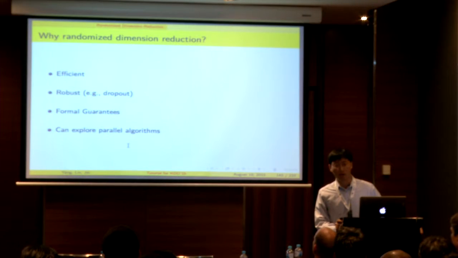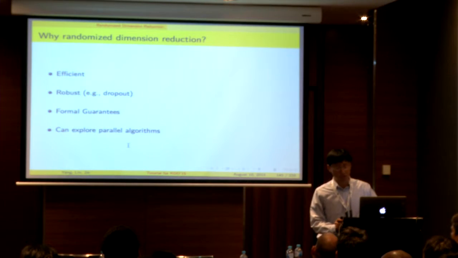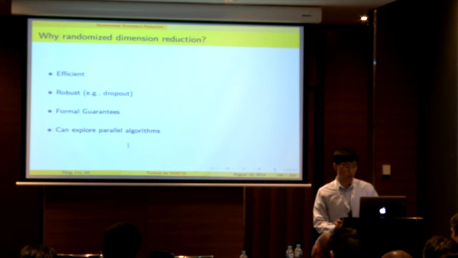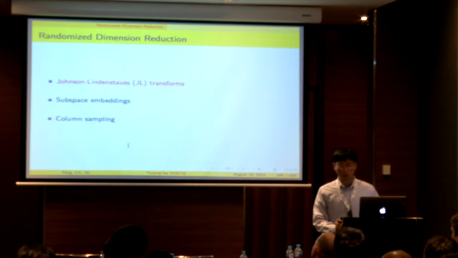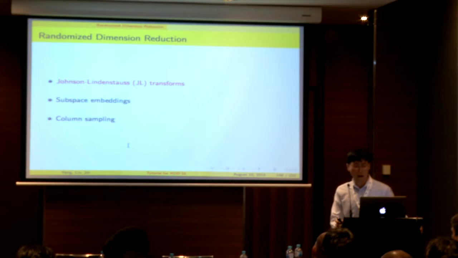If you know about deep learning, there is a technique called dropout, which is a kind of randomization, and it actually leads to a more robust solution. Also, randomized algorithms give us formal guarantees, and they let us explore parallel algorithms to further reduce the computation time. So here I want to talk about three approaches for randomized dimension reduction.